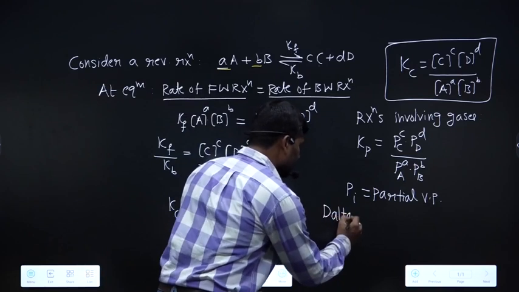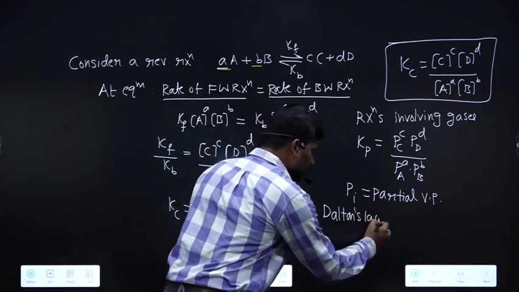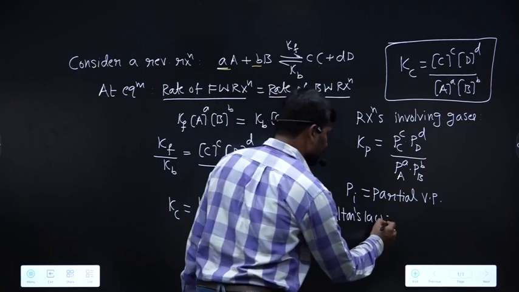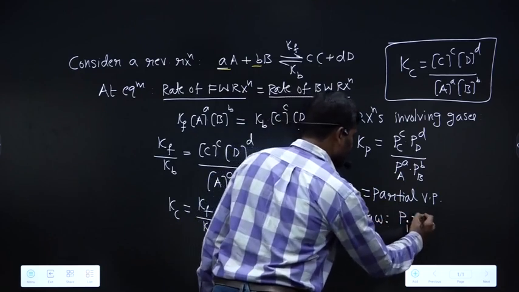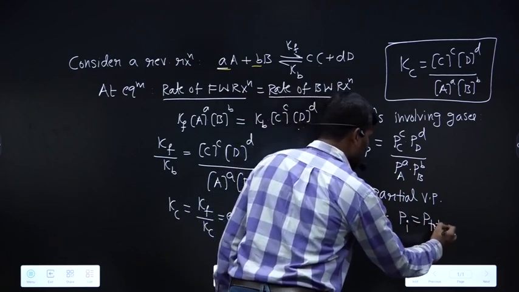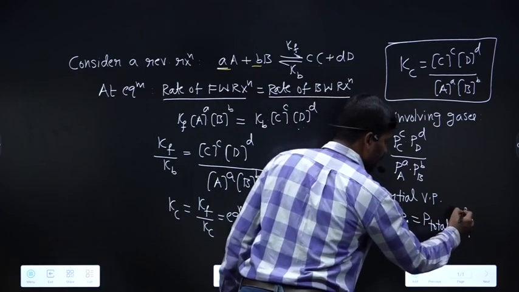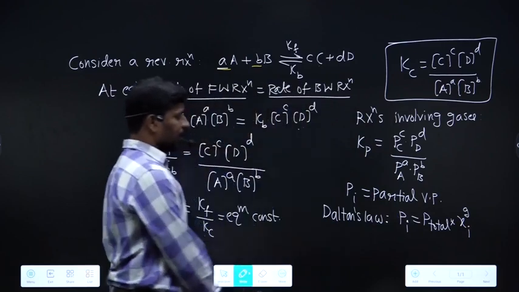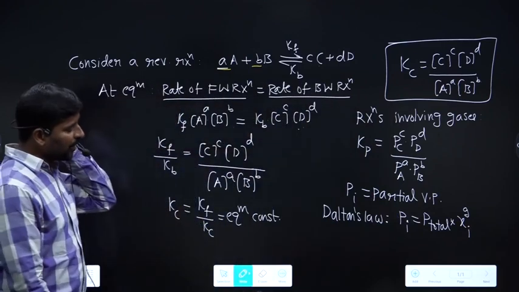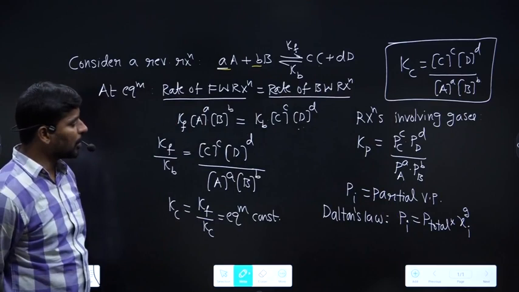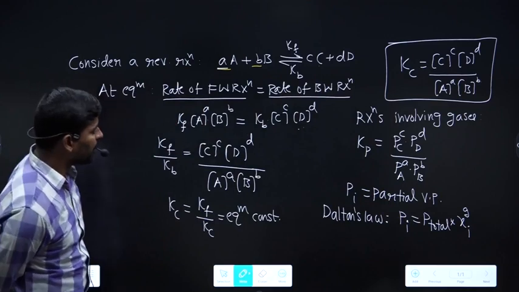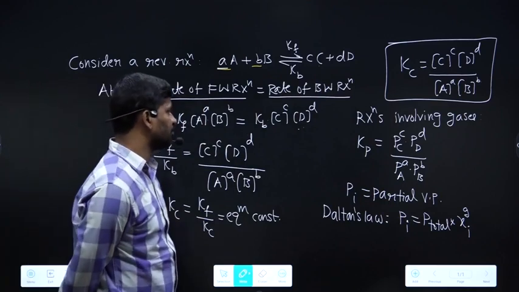By using Dalton's law. According to Dalton's law of partial pressures, Pi is equal to P total into its mole fraction, the mole fraction in the gas phase.